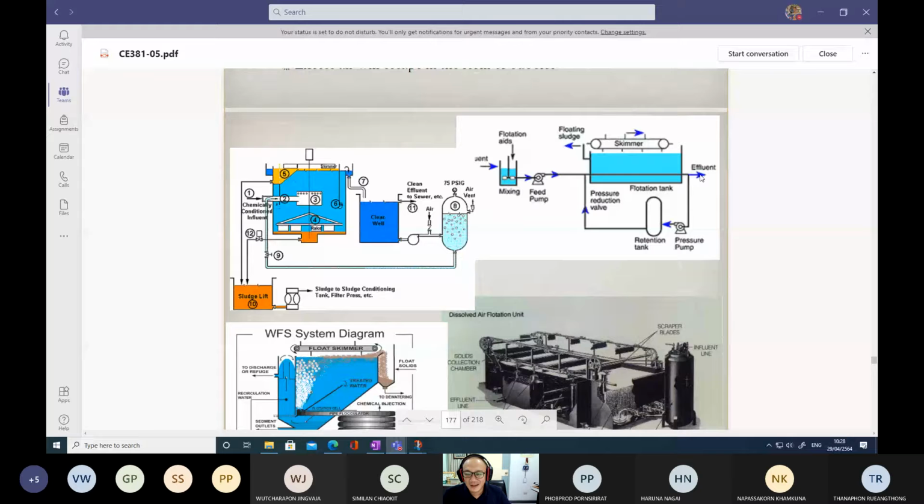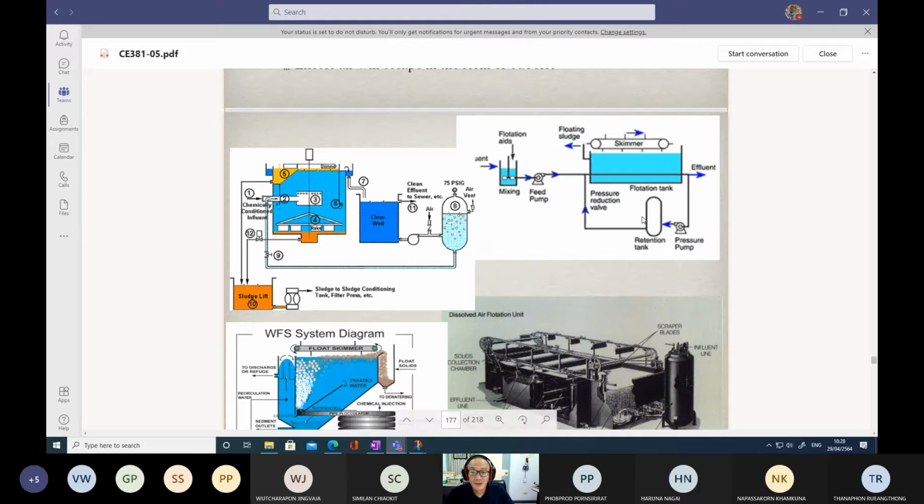Part of the effluent from this tank will be returned and put into the retention tank. This retention tank is very small, not a large tank, but within this tank, they actually saturate the liquid with air.